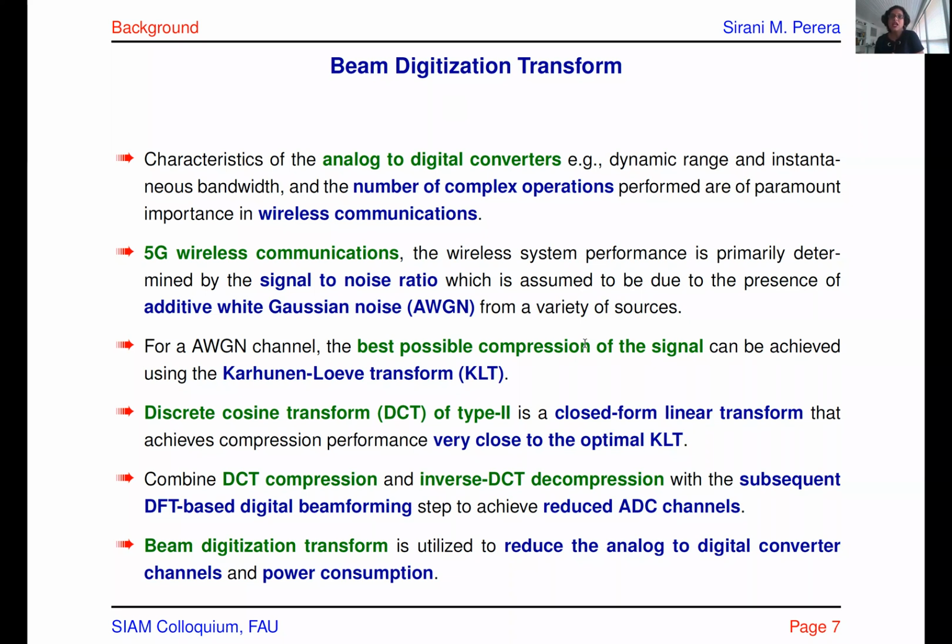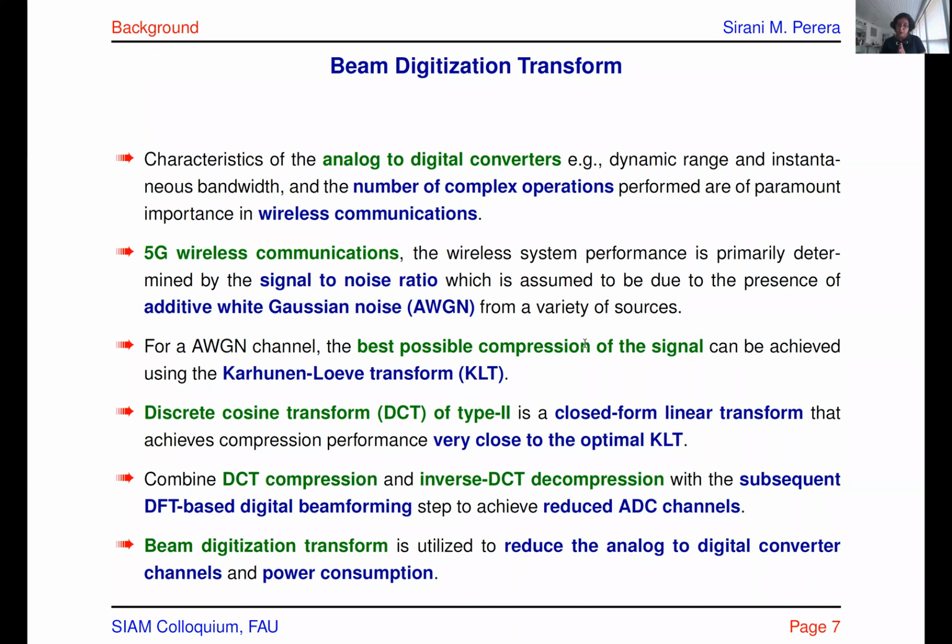So we also know that once you have the DCT2, it can be used in array processing receivers for reducing the number of analog to digital converters in the system on a per time sample basis. We also notice that the n-point discrete Fourier transform, applied on a per time sample basis across the spatial domain, provides the orthogonal radio frequency beams with n log n complexity as opposed to n squared complexity.